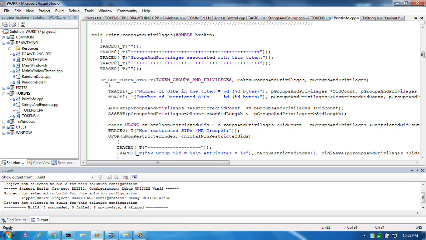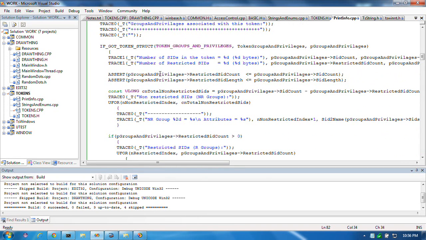Now, the number of security identifiers in the token, and then a number of restricted security identifiers. Okay, now I think I just figured out what that means just like 5 minutes before I started this.